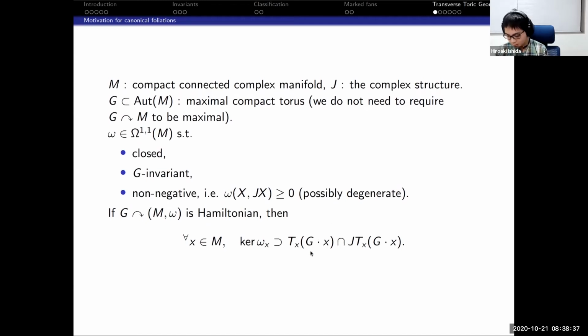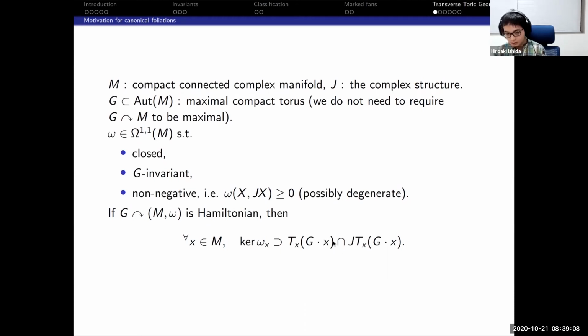Namely, this is the maximal complex subspace of the subspace tangent to the orbit. So the kernel of this two-form should contain it.